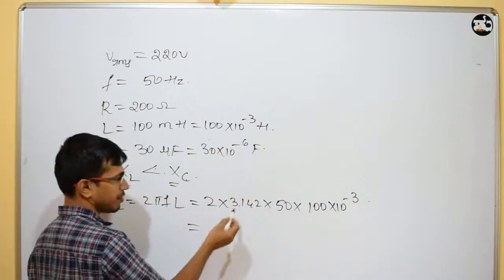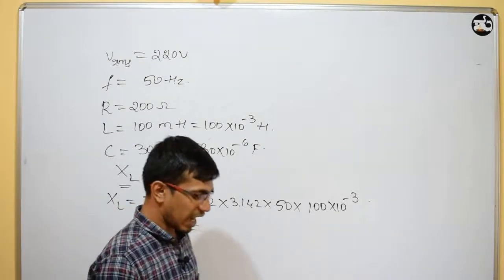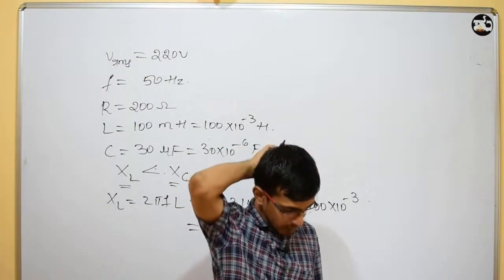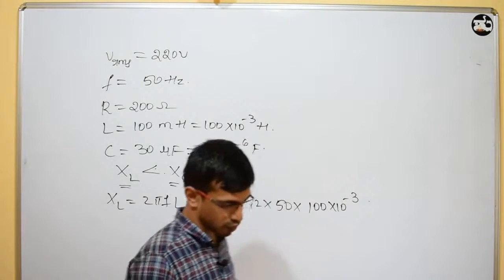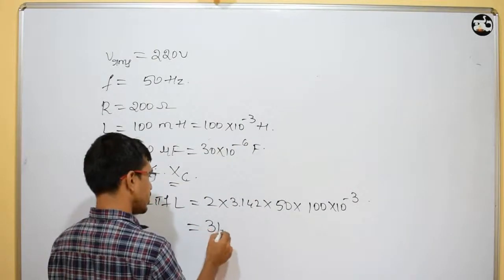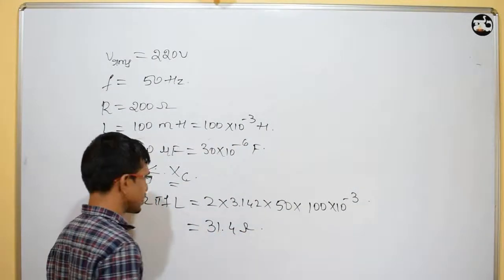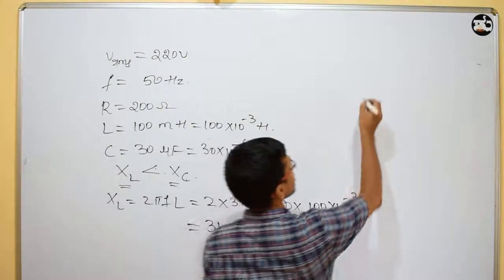If you solve this using your calculator, you will get XL as 31.4 ohm.